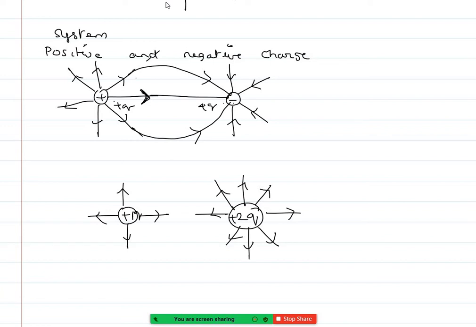It is up to you. You can take 10 and 20 also. That is not a matter. The ratio should be maintained. Here for 1Q you have taken 4 lines. For 2Q you are taking 8 lines. For 4Q how much will you take? Or 3Q, how much will you take? It is multiplied by 4. So you can draw any number of field lines for a given charge, but that proportion should be maintained.